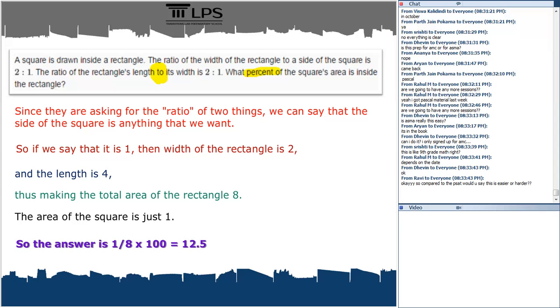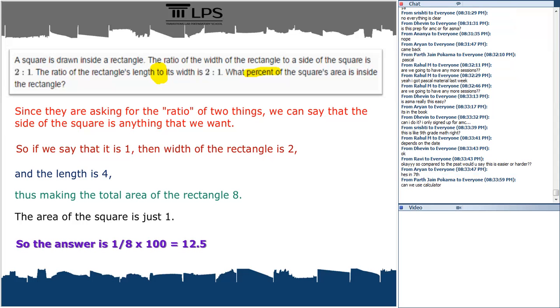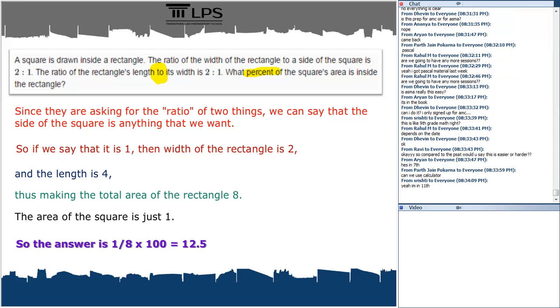Yes, Deven is asking if he can do the ASMA examination. Definitely. Yes, Shrishti, there are two levels of ASMA, an ASMA junior and an ASMA senior. The senior level is based on grade 11 and grade 12, and the junior is 9 and 10.